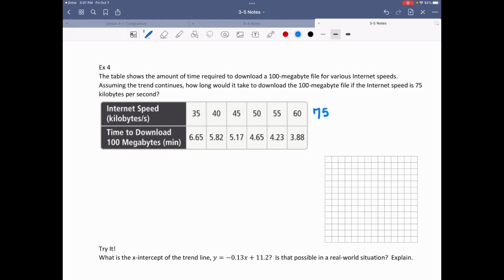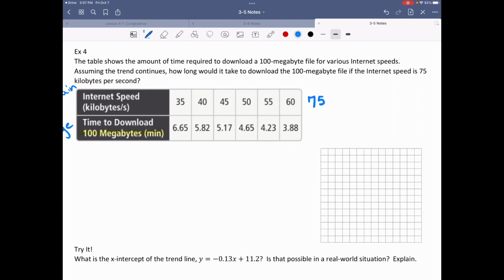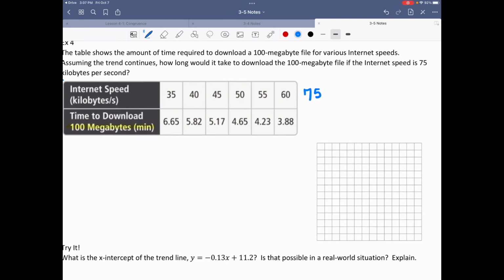Okay, to download 100 megabytes. And remember, this is our domain, the internet speed, and that's our independent variable. It's what determines our time to download, and our time to download is our range. So in our graph over here, if you just had a piece of graph paper, you would have to label the graph to know what we're talking about.